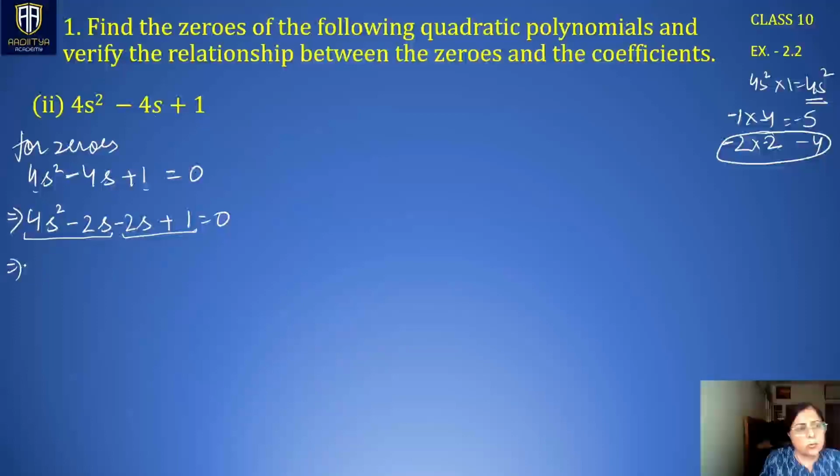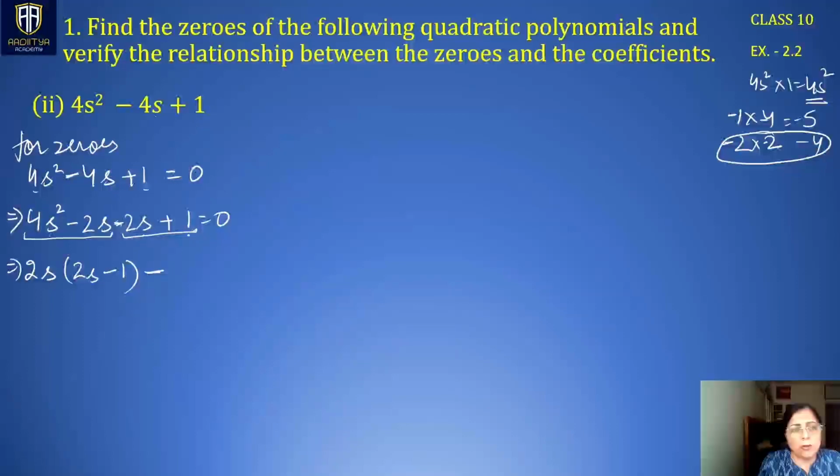Here 4 and 2 have a common factor 2. We have s to the power 2 and s. So we have s common. Now 4 divided by 2, this gives you 2s here and 1 is left. From here, this whole 2s has been taken out. So we are left with negative 1. Now you can see that in the third and fourth term, first of all, this is negative. So I have to take this as negative.